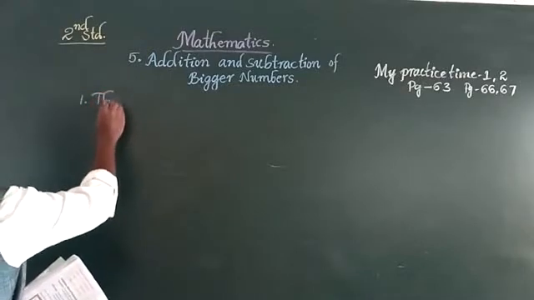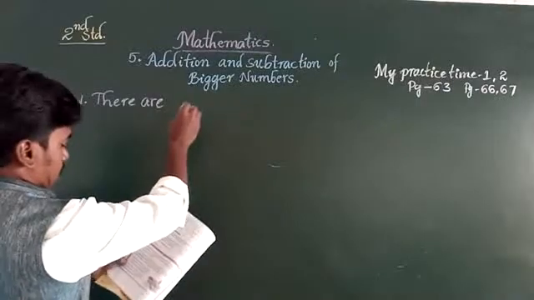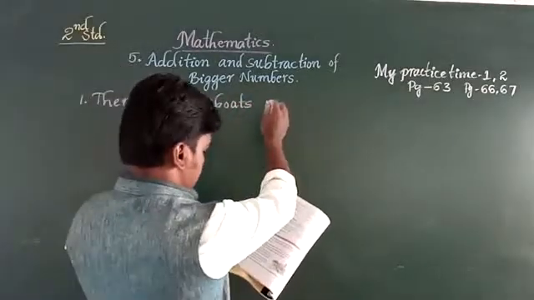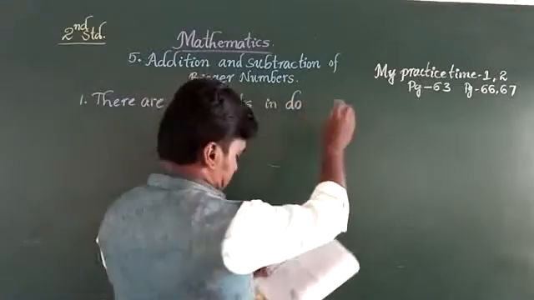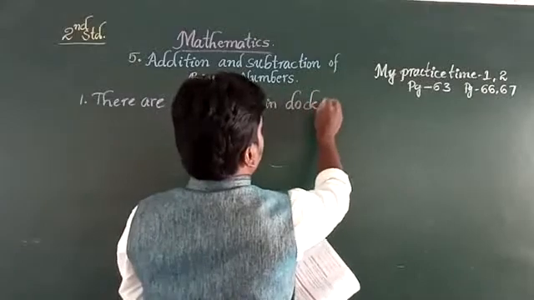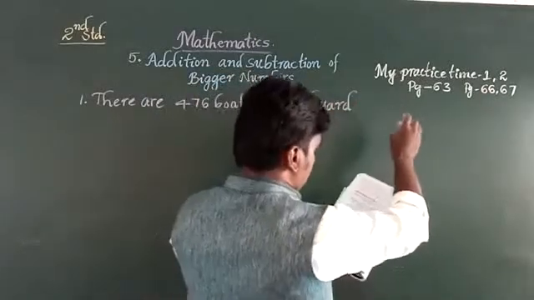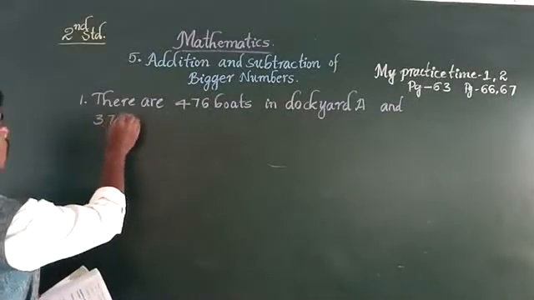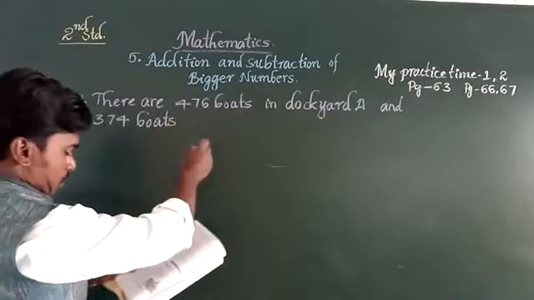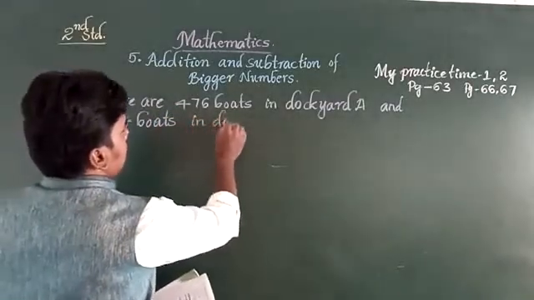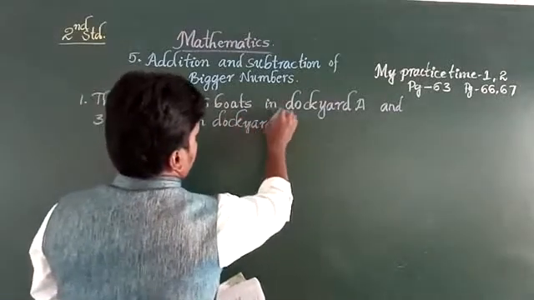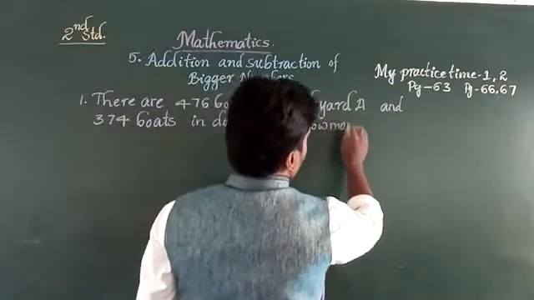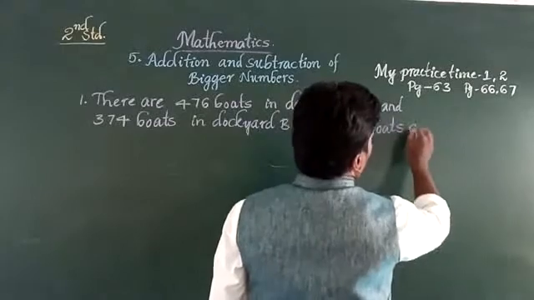There are 476 boats in duckyard A and 374 boats in duckyard B. How many boats are there in all?